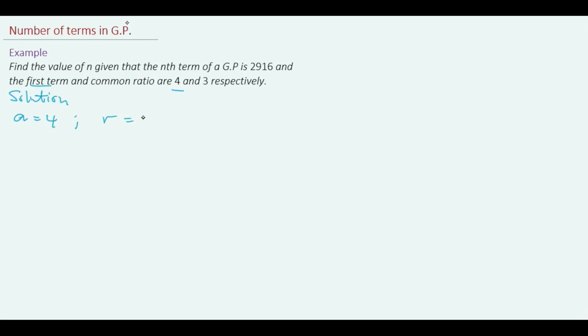Our r is equal to 3 and the nth term is equal to ar raised to power n minus 1. Besides, you are also given the nth term here, which is 2916. You can realize that these are the same thing.